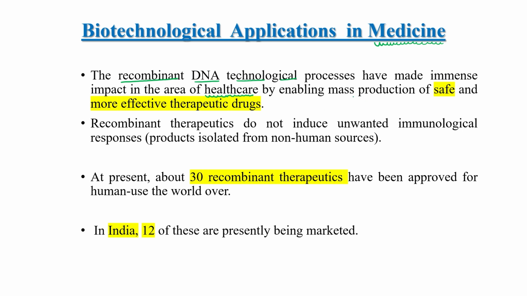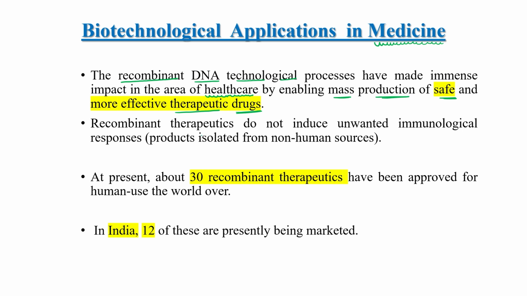By enabling mass production of safe and more effective therapeutic drugs. With the help of recombinant DNA technology, in today's scenario, scientists are able to produce more accurate, more effective therapeutic drugs, which are of course safe for humans as well.